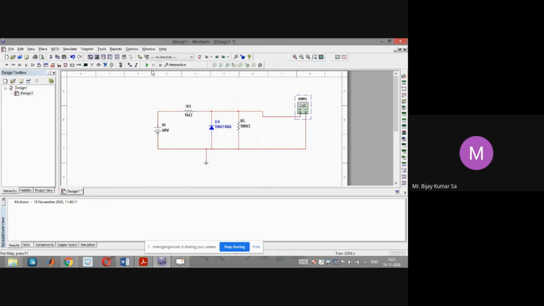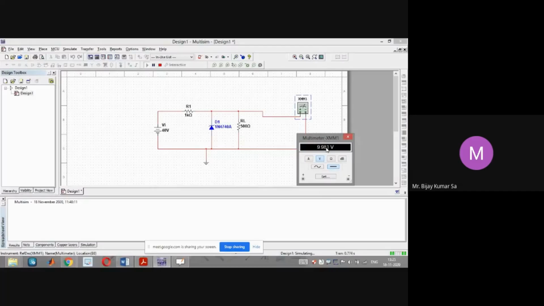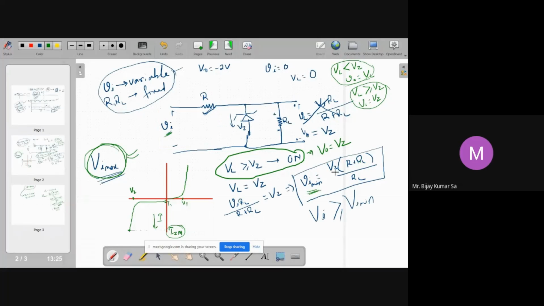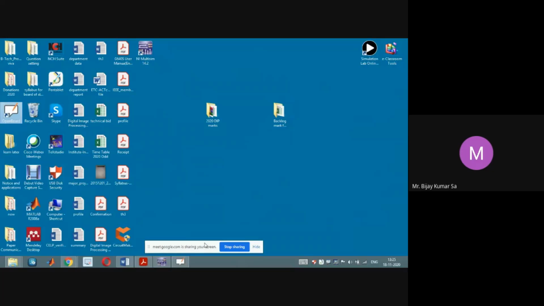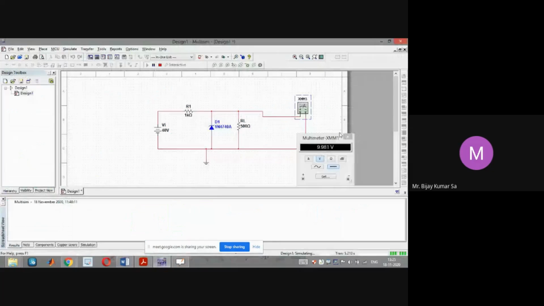And when you simulate it, it is saying that it is 9.98. It is so close to the zener breakdown voltage. So it is exactly matching. The concept is actually matching to what we have discussed here. V output is equals to VZ. So the output we are getting here is 9.98, which is almost equals to VZ.